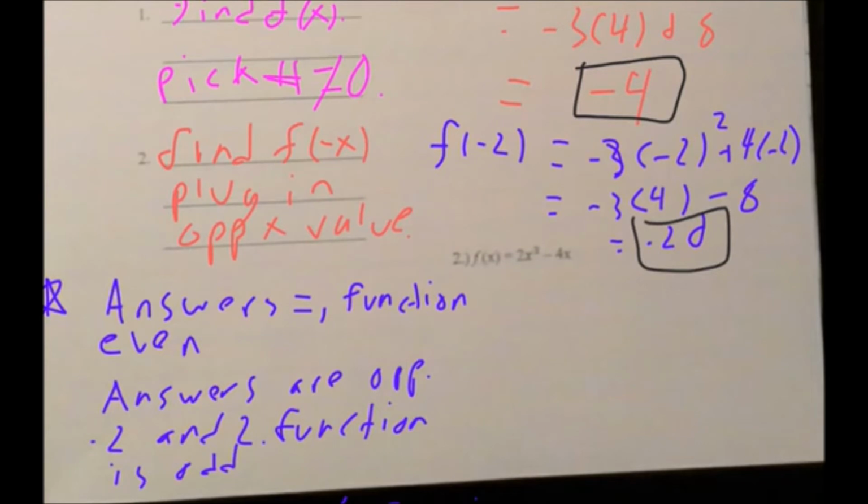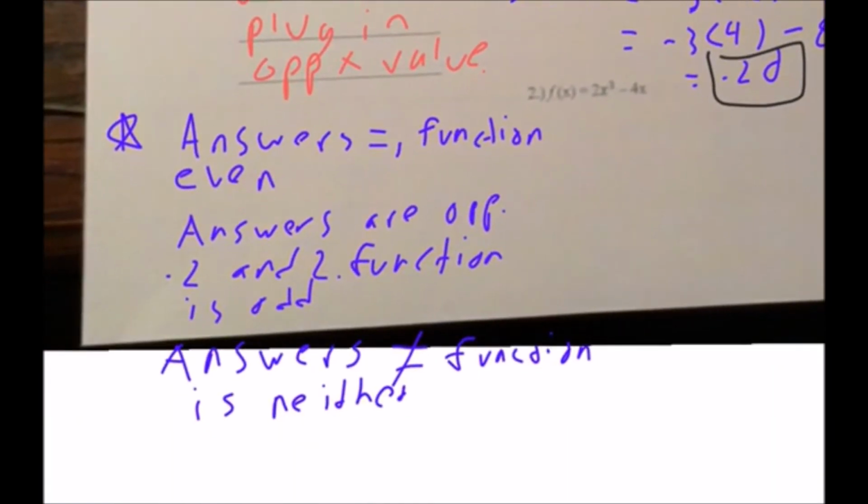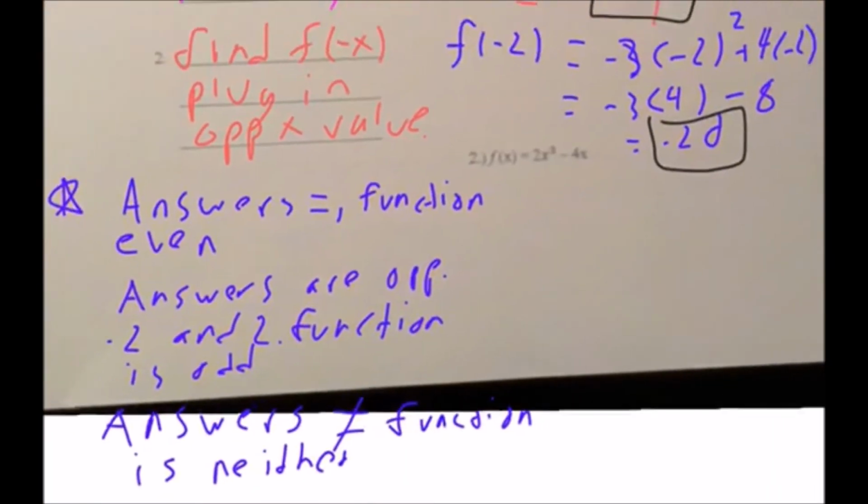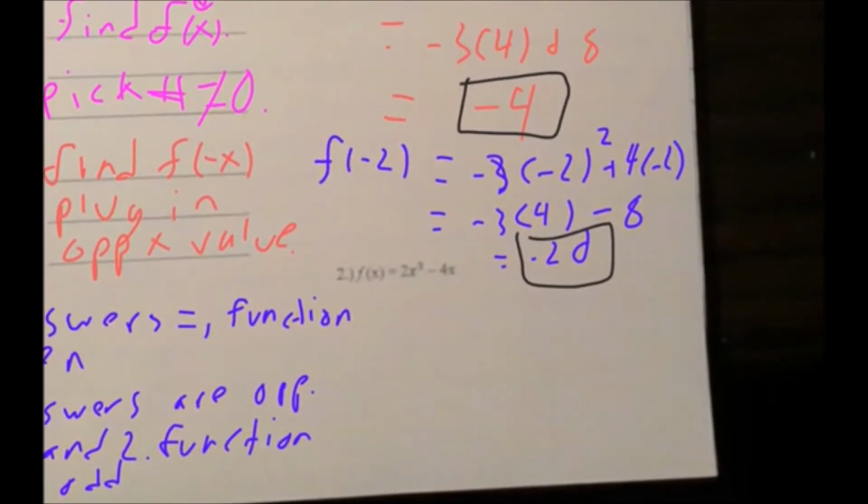For that to be opposite, one of them would have to be a 4. So our answers don't equal, therefore the function is neither. So right underneath, function is neither.